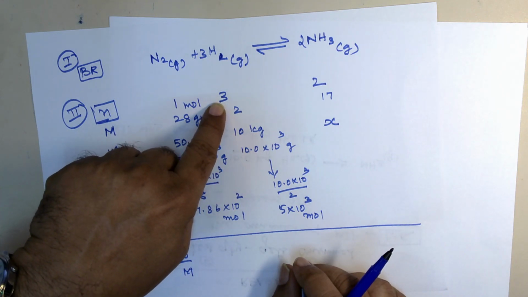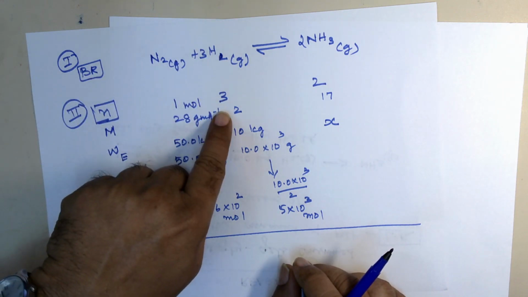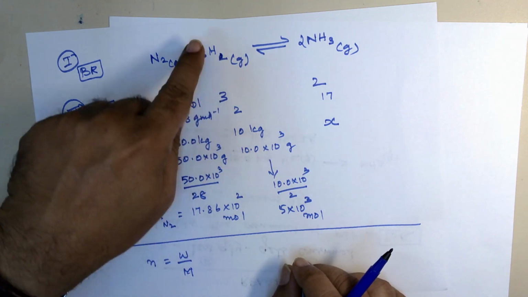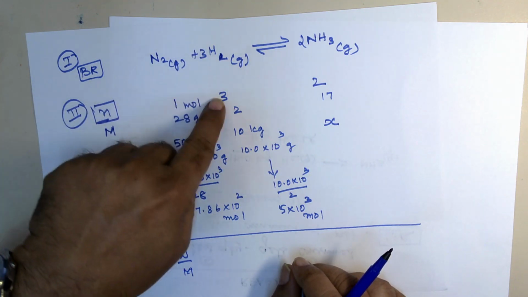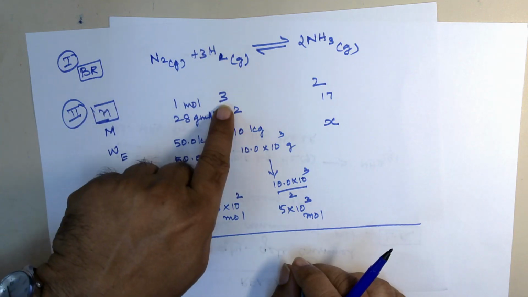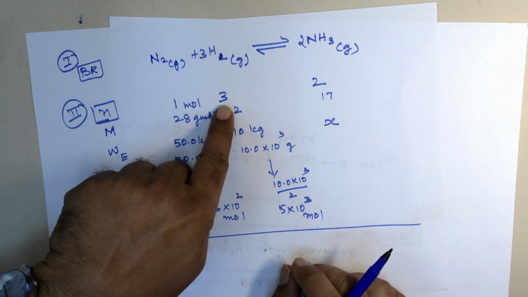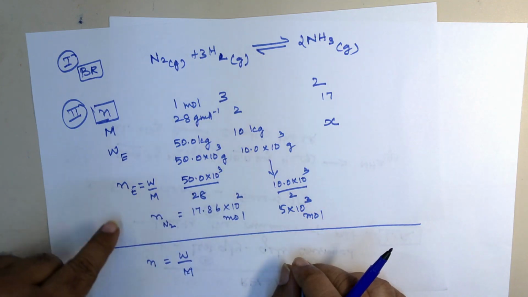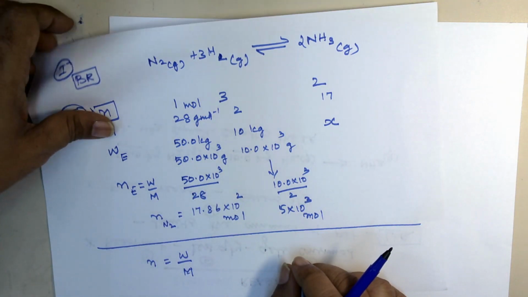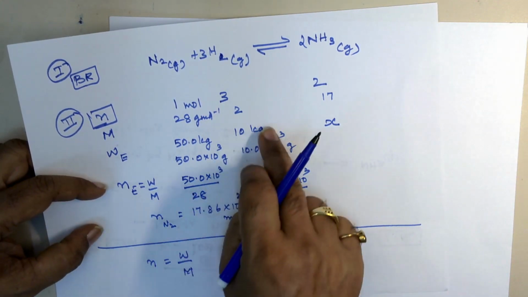Are you able to follow? According to the theoretical, what is the theoretical number of moles? 3 moles, yes. Let us find out for 17.86 how many moles are needed, because we have got only this much amount.